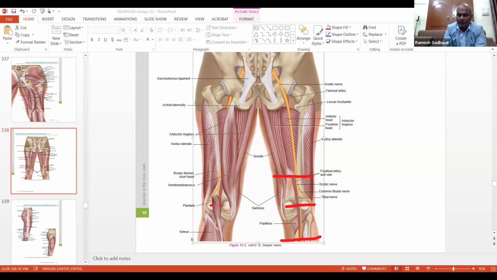Sometimes it may cause hematoma, excessive bloodletting, inner bloodletting, and may be a cause of severe pain and swelling in the knee area.